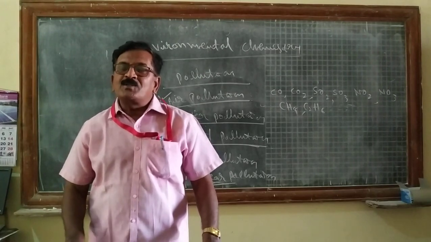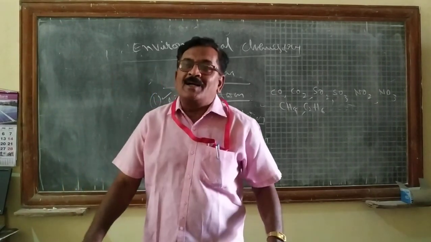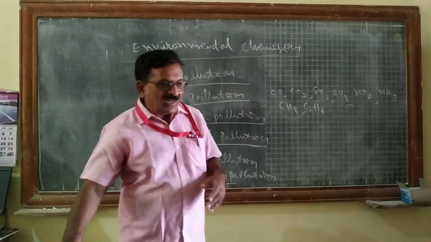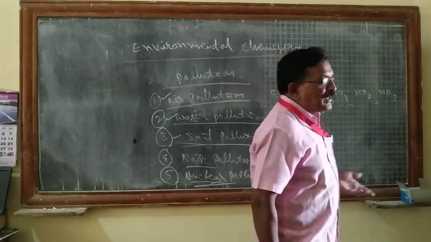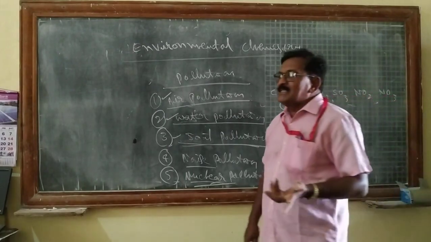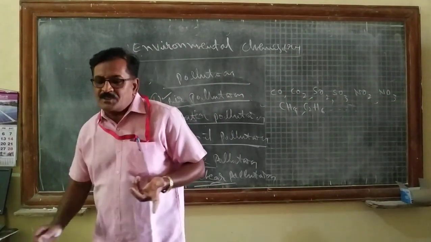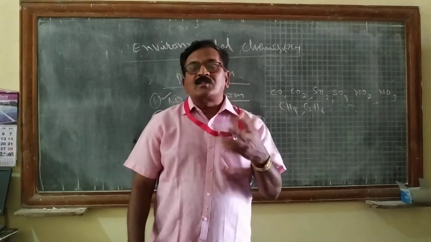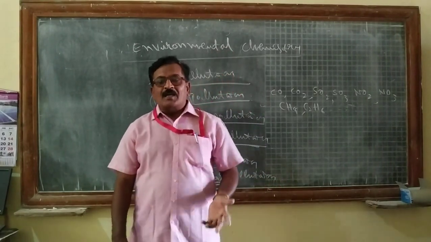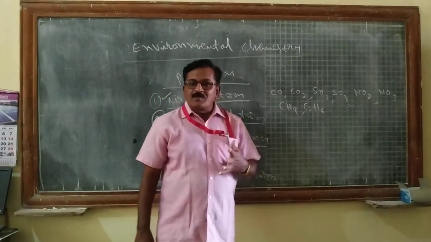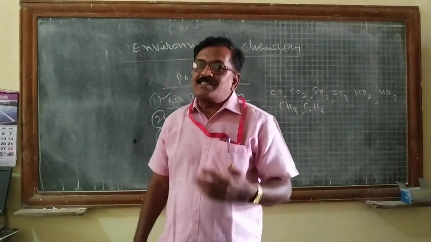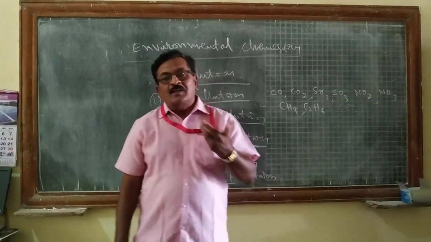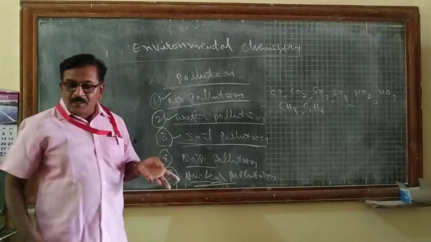All these compounds are called particulates. If nitrogen dioxide and nitrogen trioxide are present in excess in the atmosphere, the leaves of the plants will dry, and the roots and stems will be completely destroyed. That is due to excess nitrogen in the atmosphere in the form of nitrogen trioxide. So this is mainly air pollution.